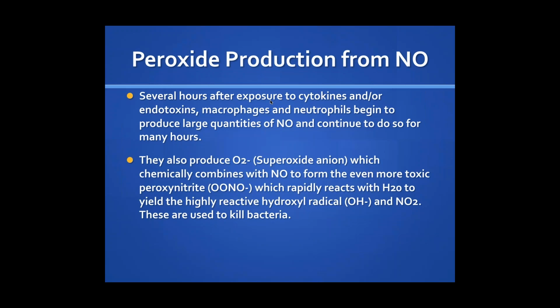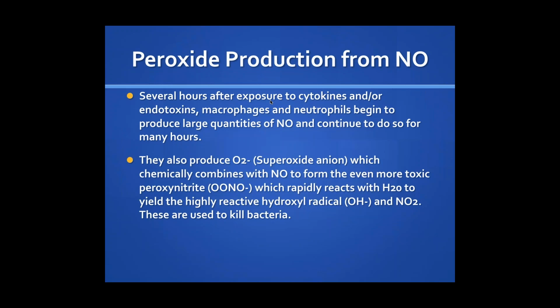So here's the bad news, the peroxide production from nitric oxide. What happens is several hours after exposure to cytokines or endotoxins, macrophages, or white blood cells, and neutrophils begin to produce large quantities of nitric oxide, and they continue to do so for many hours. They're just pelting these infections with it, that's our ammunition to kill off the bad guys.